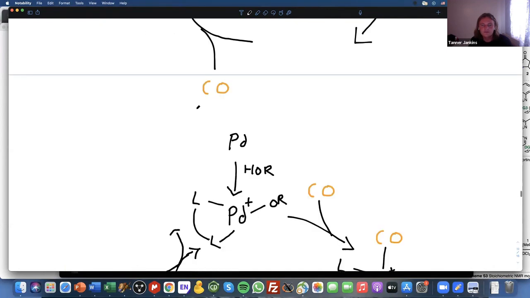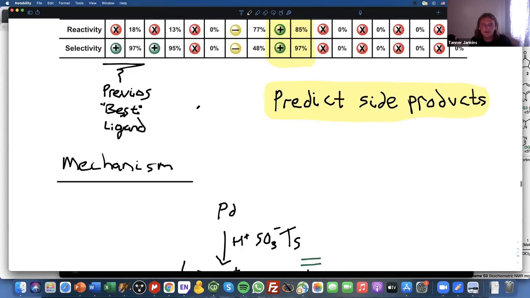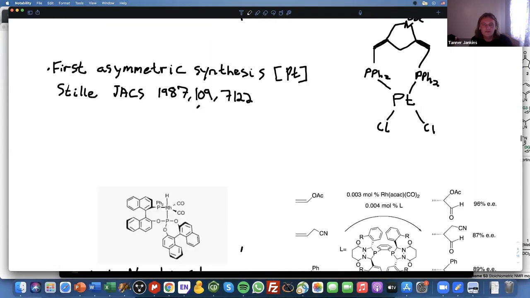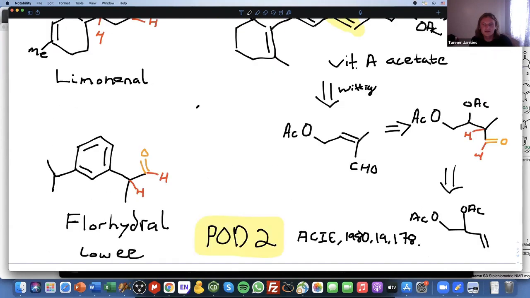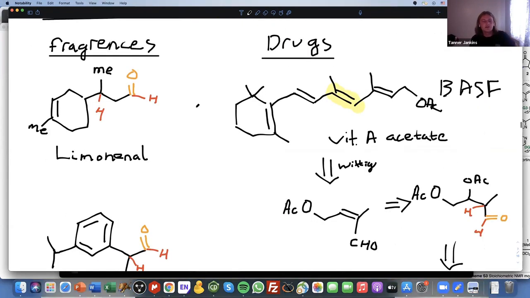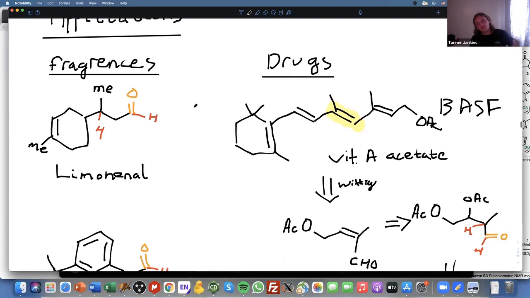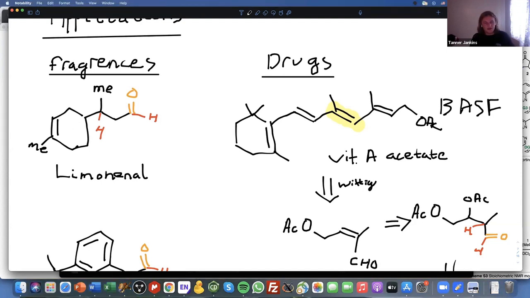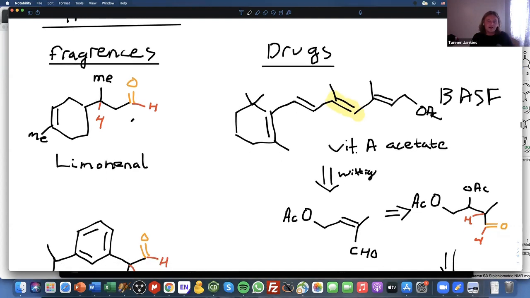And so, as you might imagine, these processes, because they occur so efficiently, have been used in industrial processes beyond simple functionalization of n-hexenes. And there have been numerous applications, namely in the fragrance industry, as many of you know, aldehyde compounds can have some pleasant smells.